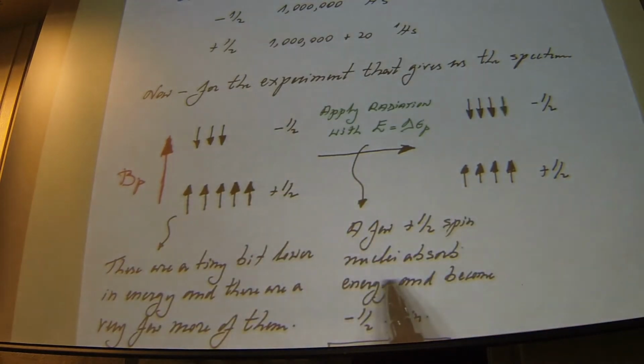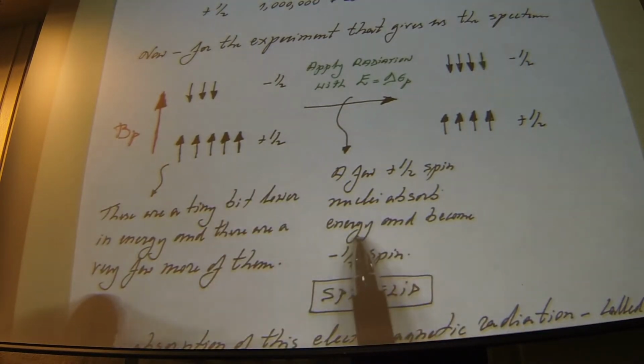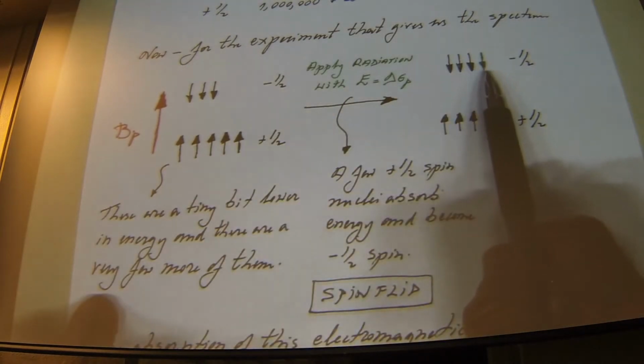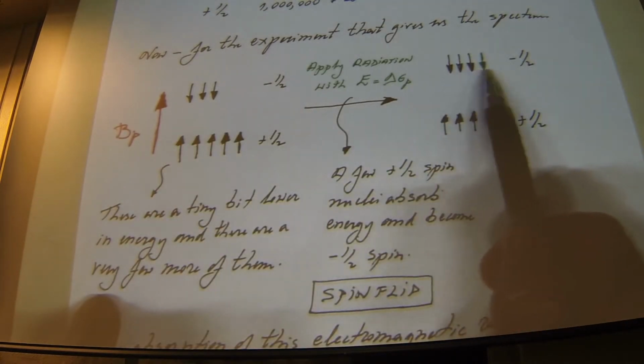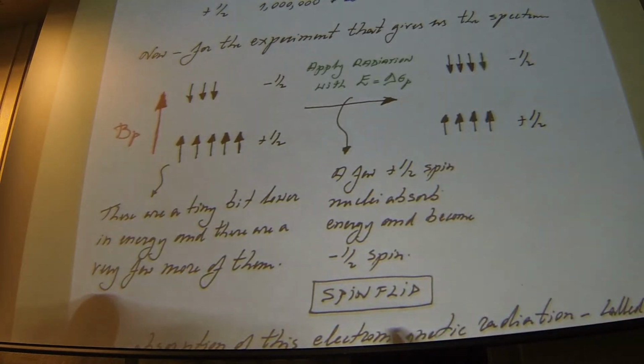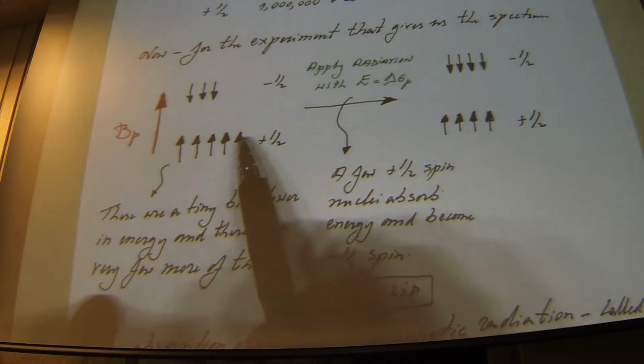If I do that, then a few of the plus 1/2 nuclei, the low energy ones, will absorb energy and become minus 1/2 spins. So a few of these will go up here and become green and be aligned anti-parallel with the field. A few of these low energy ones come up here and become high energy ones. This is known as a spin flip. So these spins flip over.